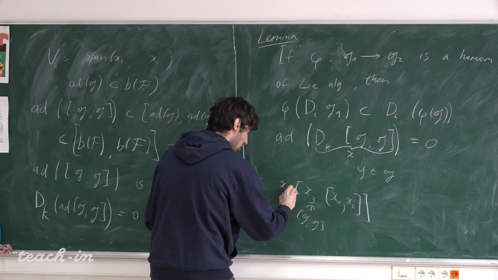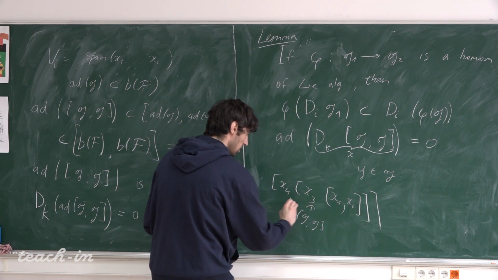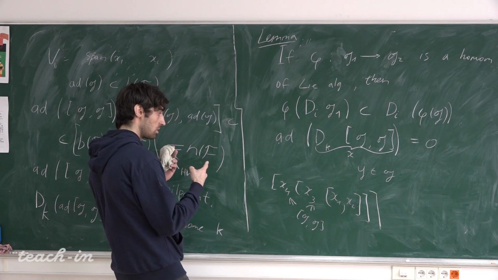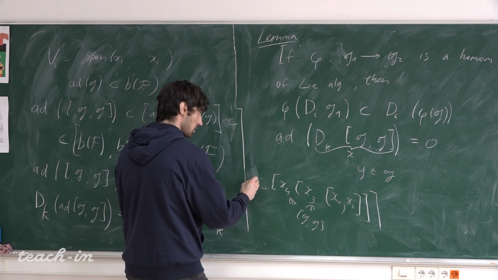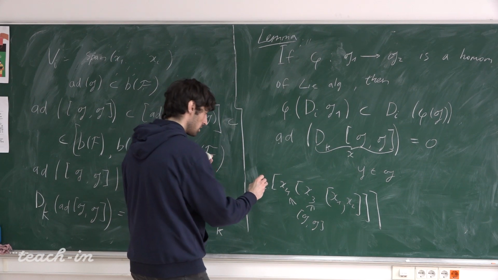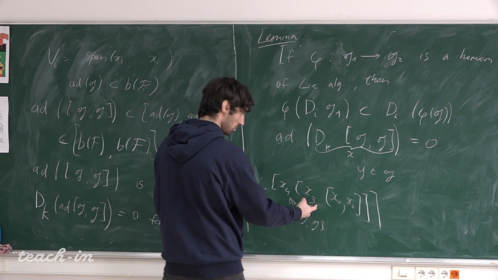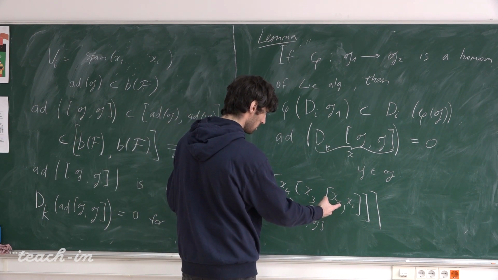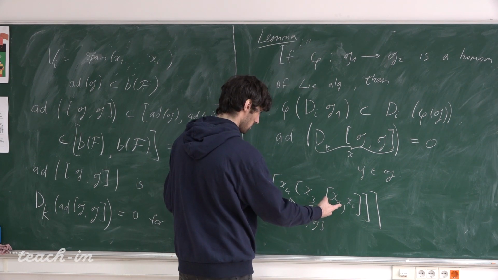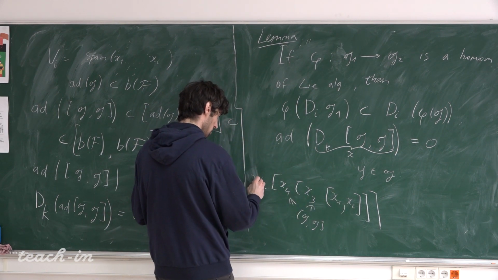Then x4 also lives in here, and x5 and so on until xk, or maybe not xk, but k minus 1 or k minus 2. You should correct me. So this is 1, so k minus 2 maybe.